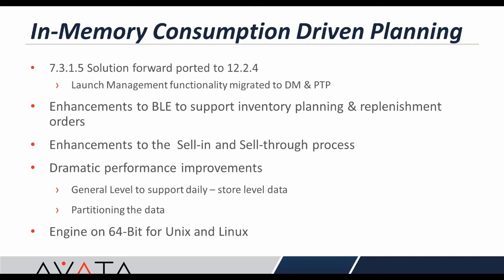So they created a general level to support the daily bucketing without impacting performance for your demand management processes that are looking at things at a weekly or monthly level. So they essentially did this by partitioning the data. And they introduced the 64-bit engine for both Unix and Linux.